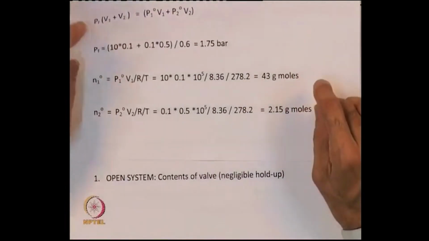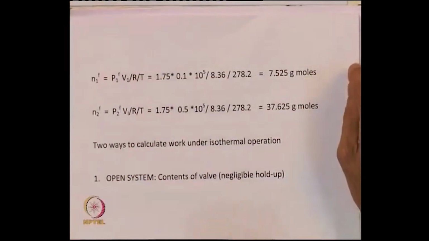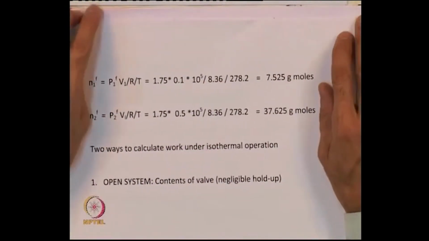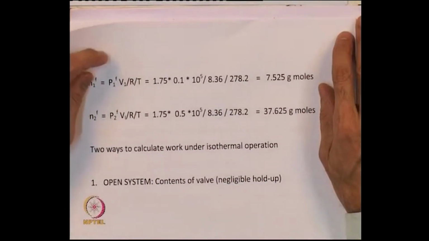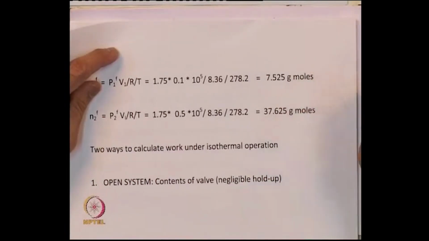So, the total is 45.15. At the end of the process, the number of moles in tank 1 is 7.525, has decreased from 43 to 7.525. Number of moles in tank 2 has increased from 2.15 to 37.625.